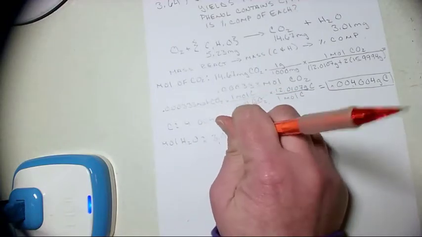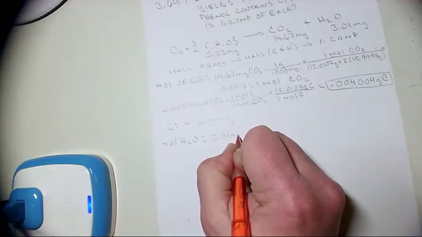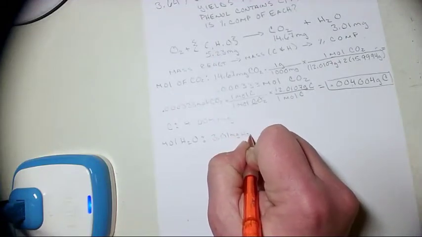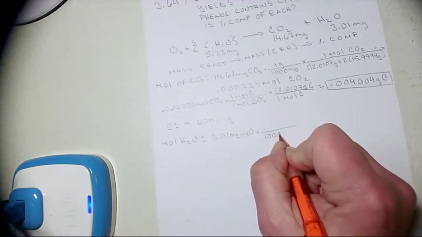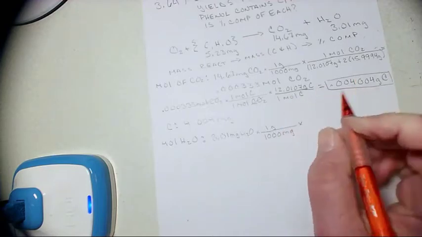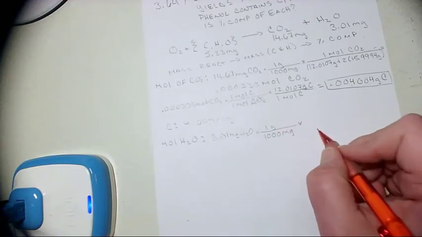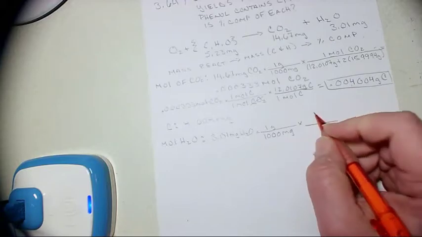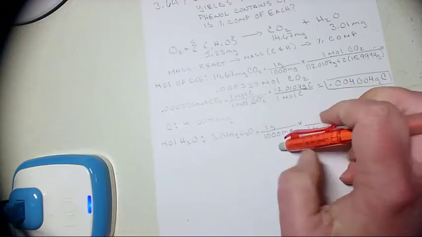I won't do that. I won't just jump. 3.01 milligrams of water times, do my conversion, 1,000 milligrams in 1 gram times, now we want to get into moles, so grams up on top, there is 1 mole. Oops.